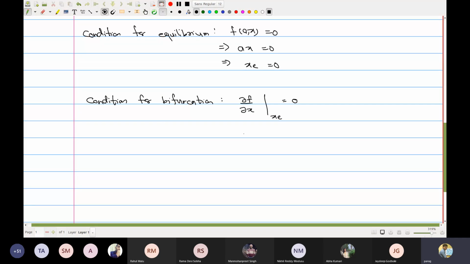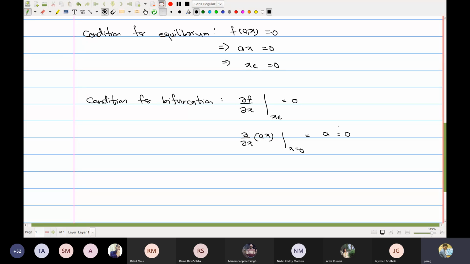Let's see what you get. Del by del x of ax at x equal to 0 is equal to a, and this should be equal to 0. So we straight away get the condition that the condition for bifurcation is a equal to 0, right?